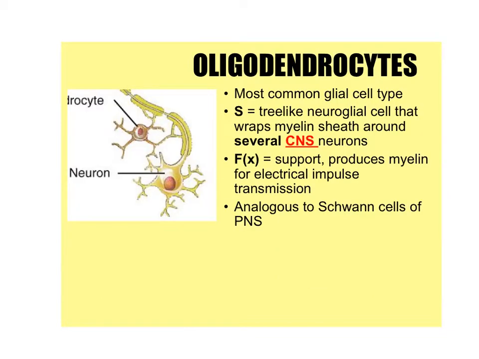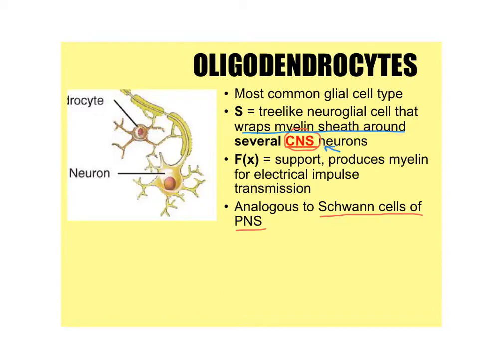The next one, the longest word, is the oligodendrocytes. What you need to know is that these are like the Schwann cells of the peripheral nervous system, but these guys are in the central nervous system. They wrap the myelin sheath around the axons of neurons in the CNS. So that's one difference between Schwann cells and oligodendrocytes: oligodendrocytes work in the CNS.